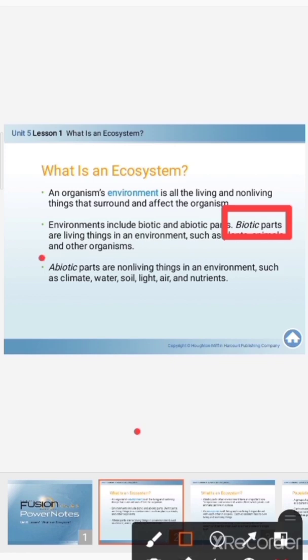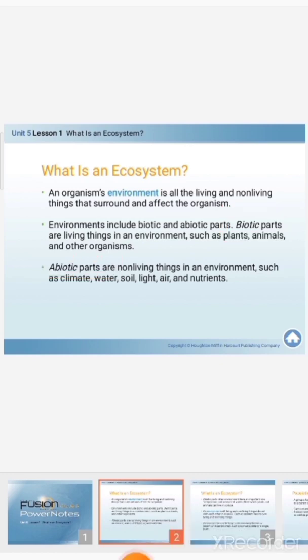While the abiotic parts mean the non-living things in the ocean ecosystem, for example water, air, the sand, the temperature, okay? All of these are examples of abiotic parts in the ocean environment.